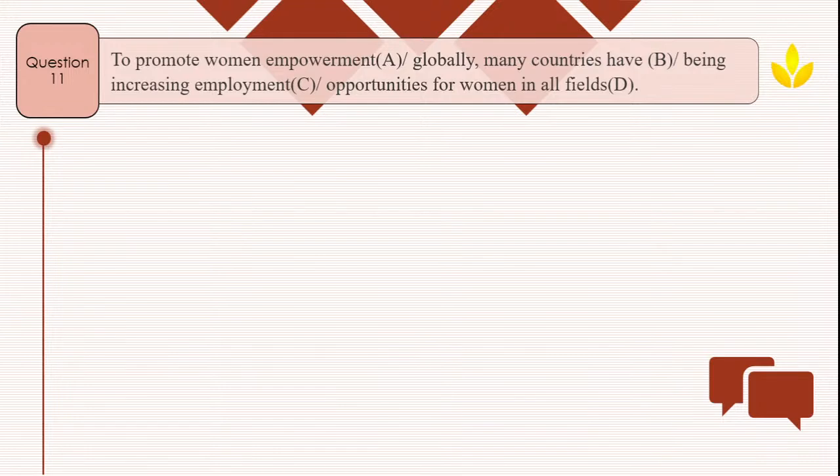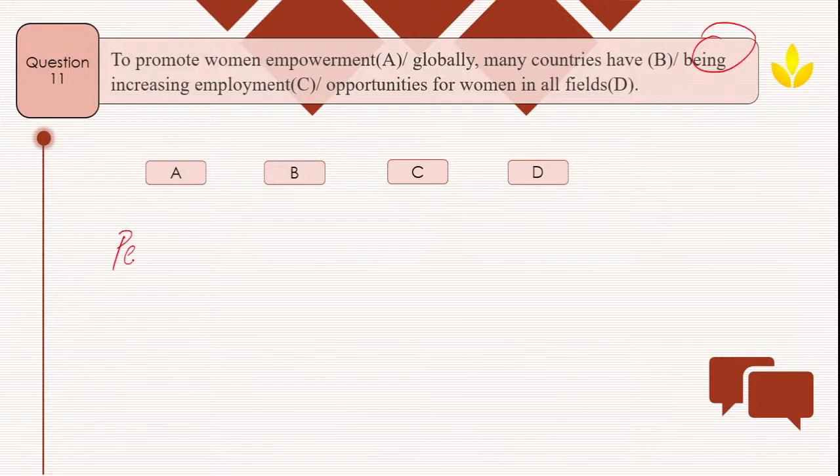If you look at each fragment, to promote women empowerment globally, many countries have been, again I told you, this is the error here itself, that is, have been increasing, present perfect continuous.